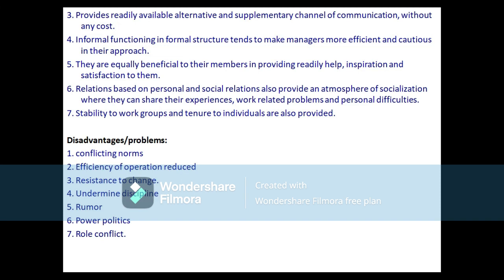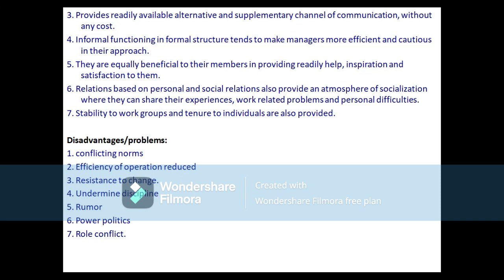Informal groups oppose the management policies and rules. If there are rules, definitely they would accept the formal organization. But they are not accepting the policies and procedures. That's why this informal organization came into existence. So undermining discipline is a disadvantage.